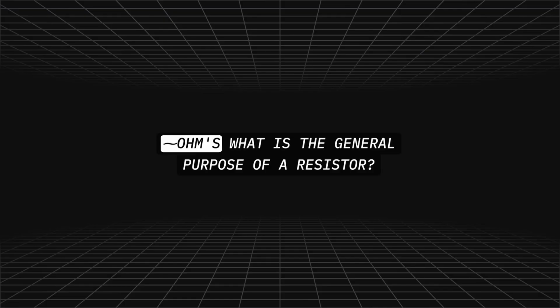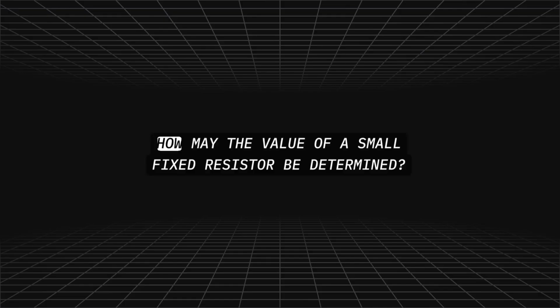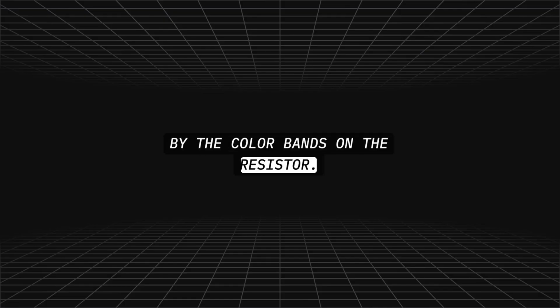Ohms. What is the general purpose of a resistor? To limit current. How may the value of a small fixed resistor be determined? By the color bands on the resistor.